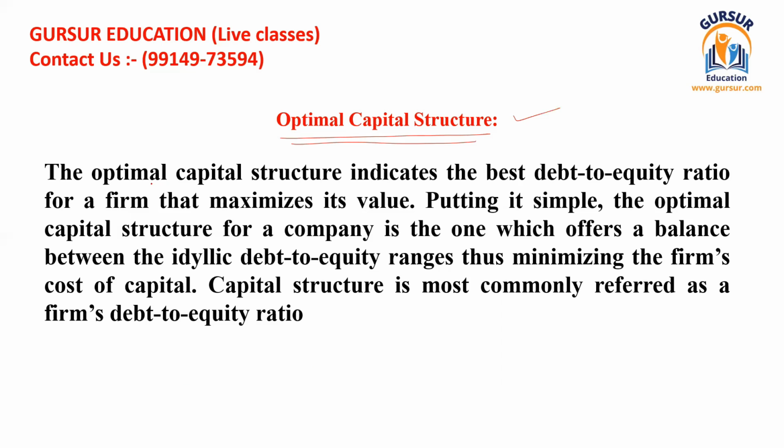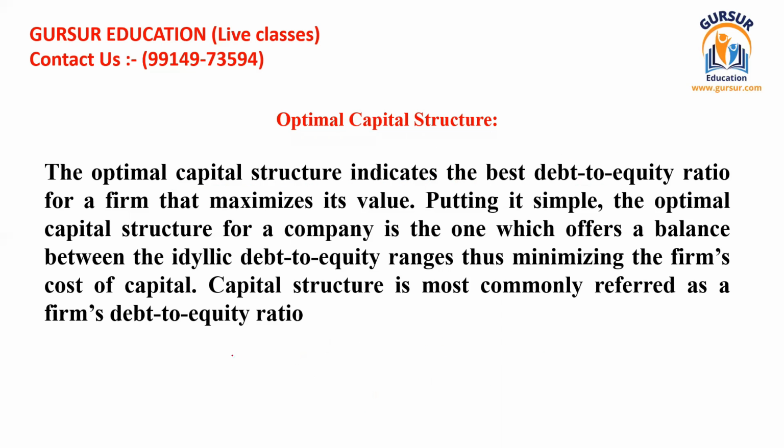Optimal capital structure indicates the best debt to equity ratio, like how much debt should be issued, how much equity should be issued, what should be the proportion between equity and debt, so that your overall cost gets minimized and the value of your company maximizes.